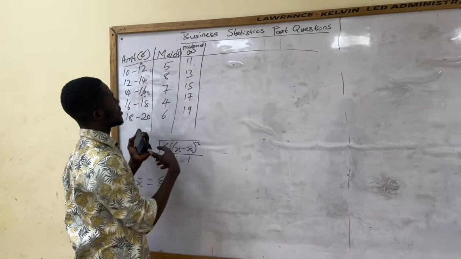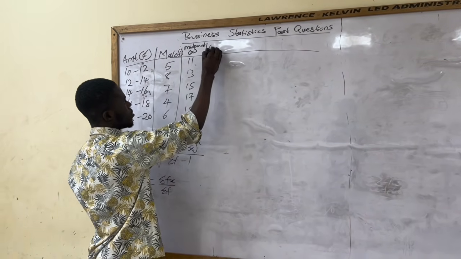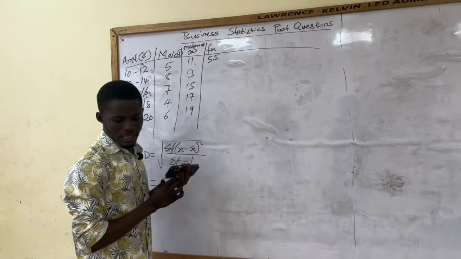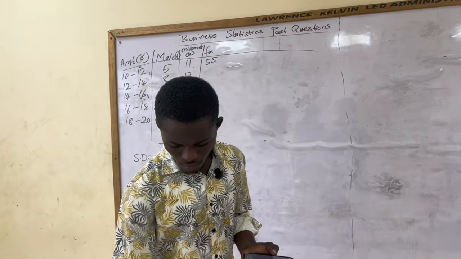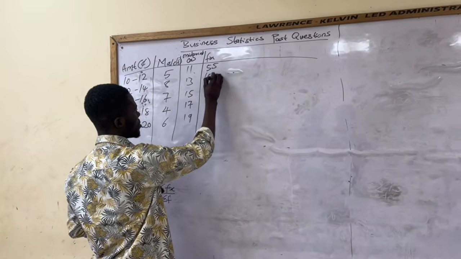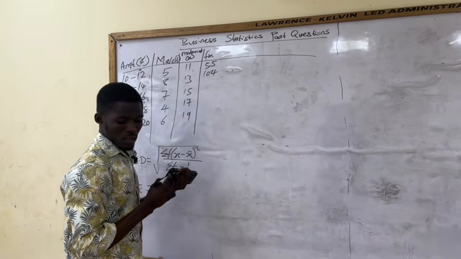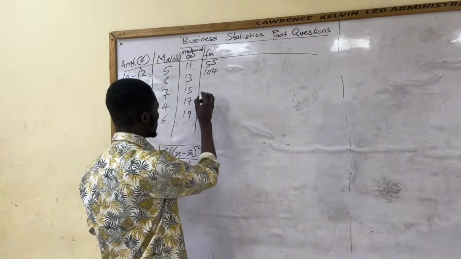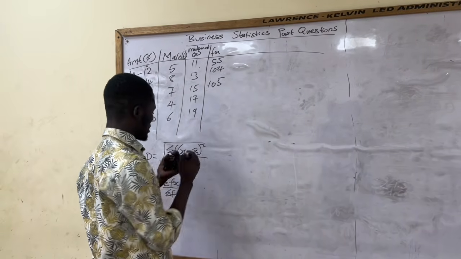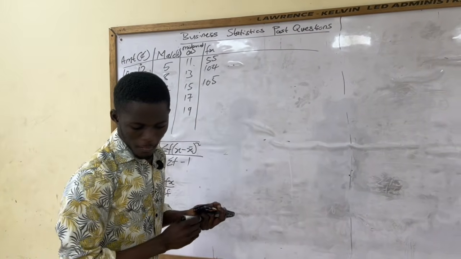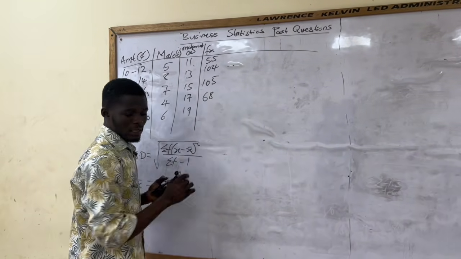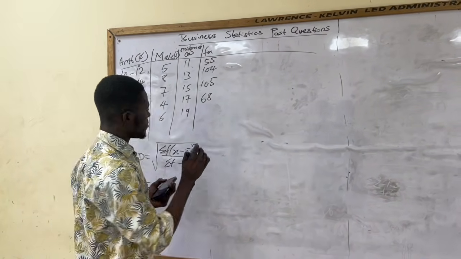So 5 by 11 will give us 55. Then 8 by 13 will get 104. 7 by 15 will also get 105. 4 by 17, then we get 68. 6 by 19 will also get 114.